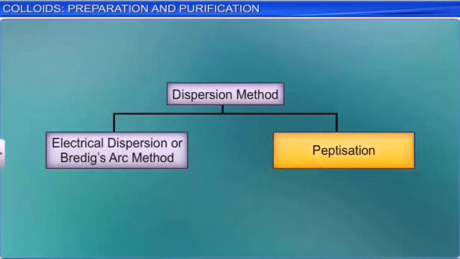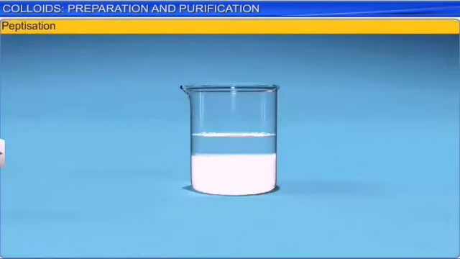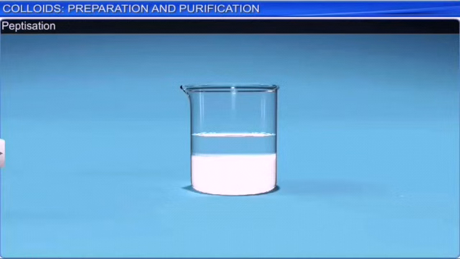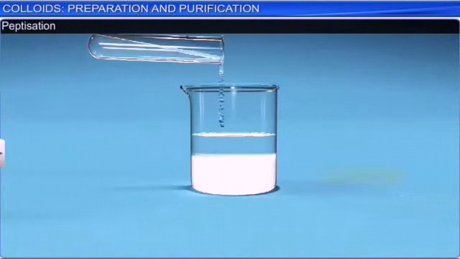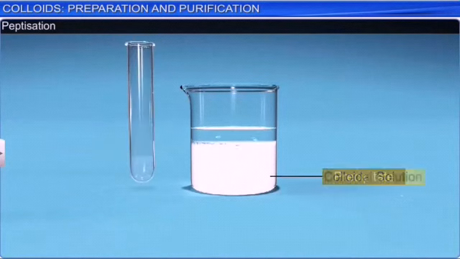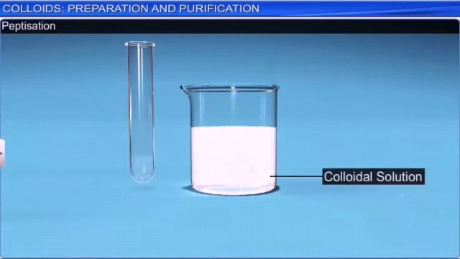Peptization is defined as the process of converting a freshly prepared precipitate into a colloidal form by adding a small amount of suitable electrolyte. The electrolyte used for this purpose is called peptizing agent.